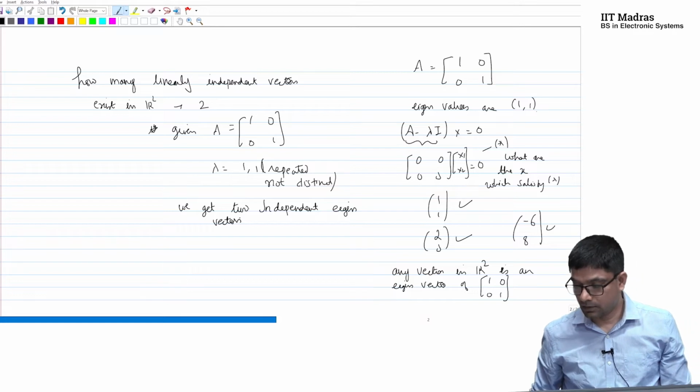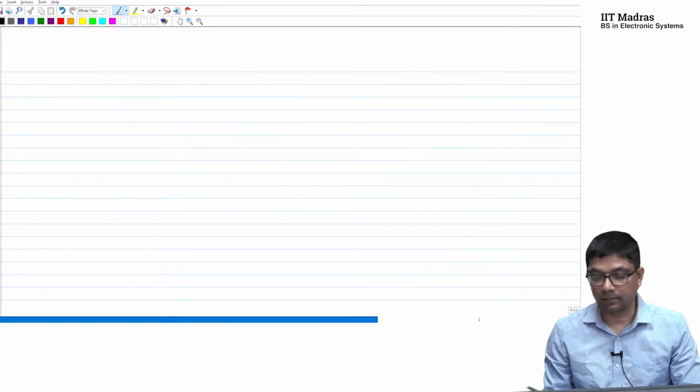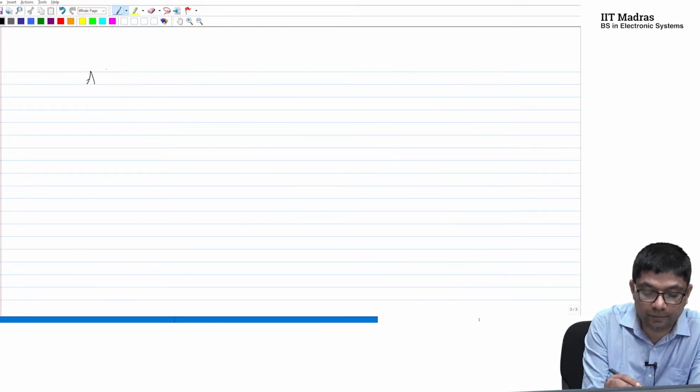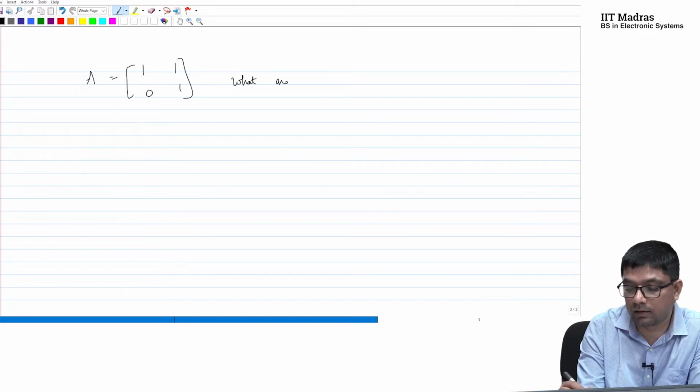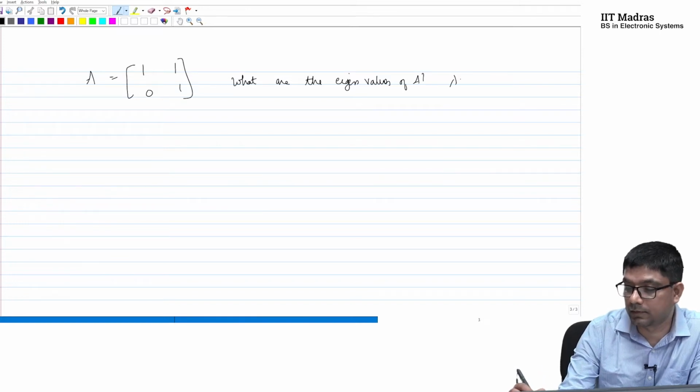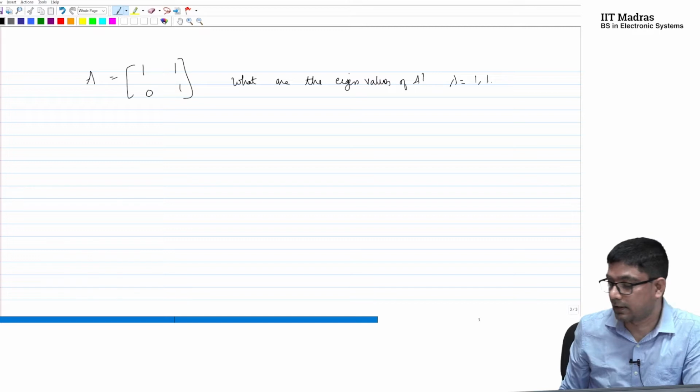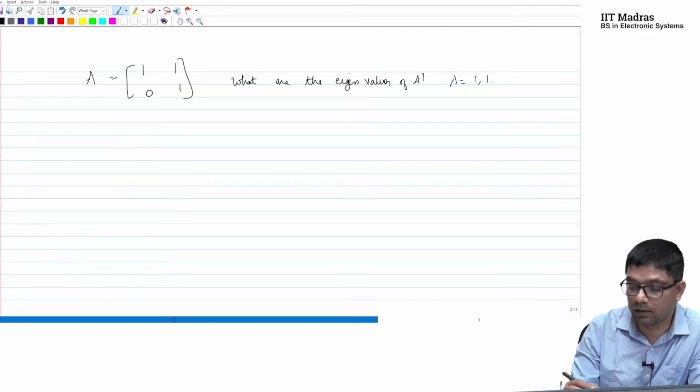Okay, I'll do one more example and now say A is 1, 1, 0, 1. A question: what are the eigenvalues of A? Well, I'll skip the computation. This is not important to us. Eigenvalues will still be 1, 1. Then what are the eigenvectors?